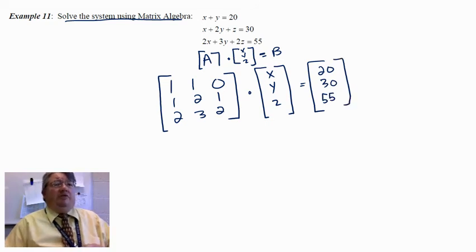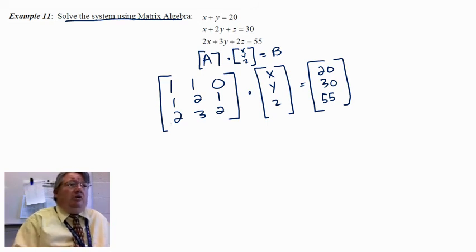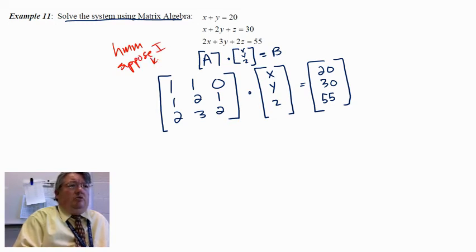Okay? In fact, if you were to multiply this matrix, this is a 3 by 1 matrix, by this 3 by 3 matrix, by this 3 by 1, I actually get this up here. Now, this is the cool thing. Suppose I knew A inverse.